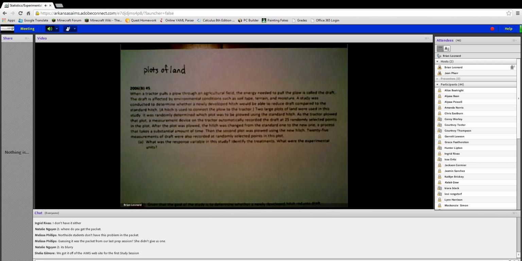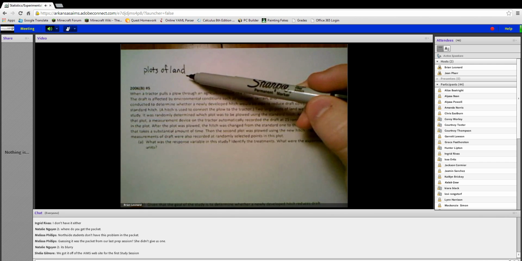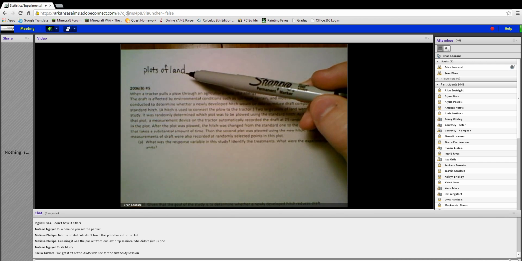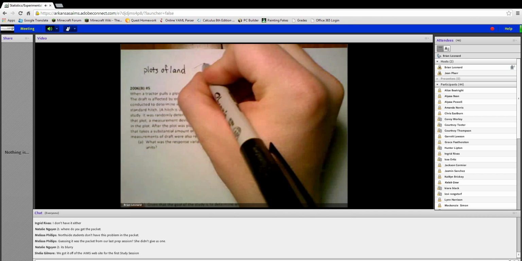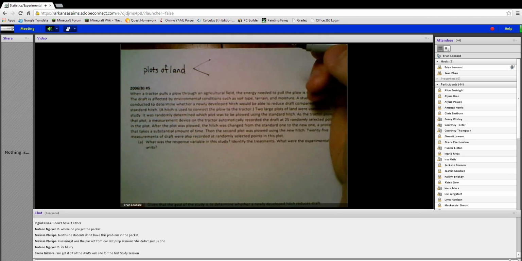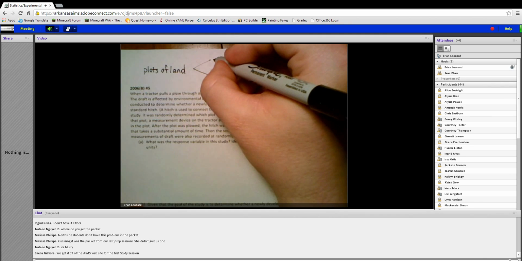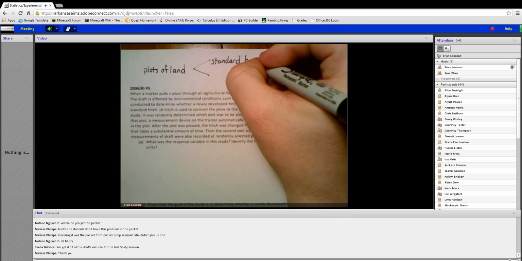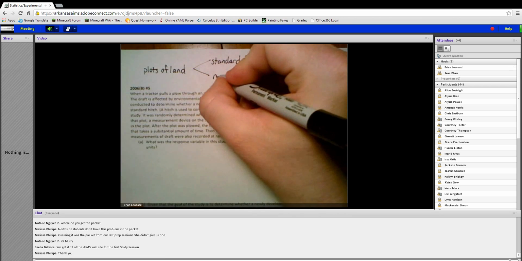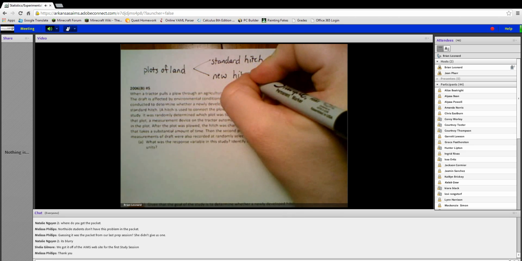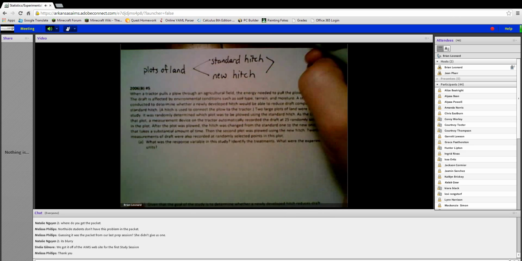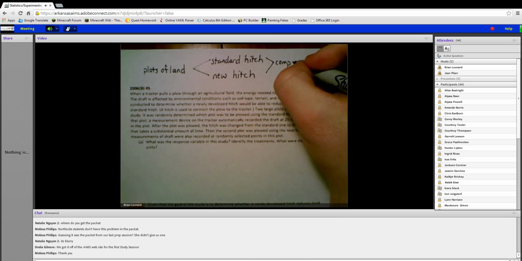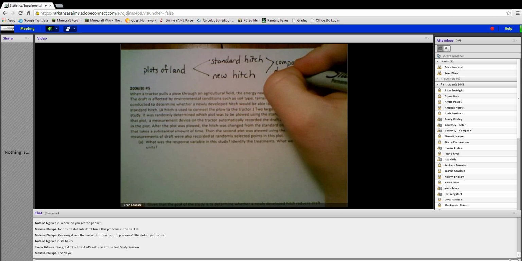And we know that because the plots of land are getting our treatment. They're being plowed with this hitch. Okay? And then we are assigning those plots of land to either a standard hitch, and some new hitch that they created. And we are comparing the draft.